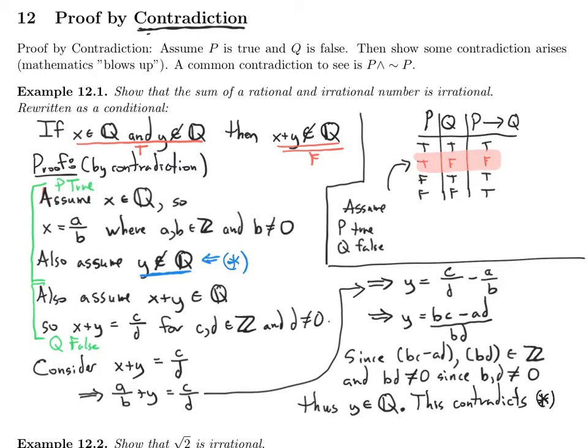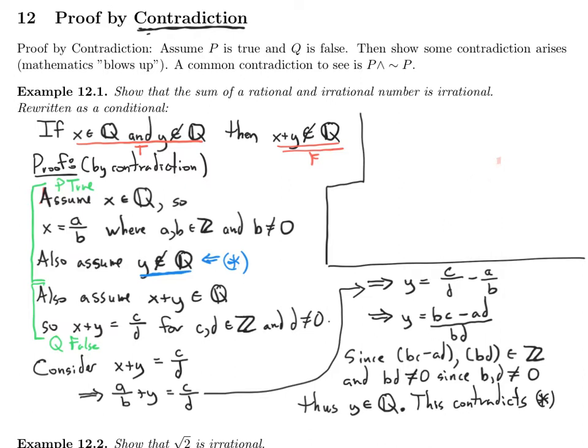So, what does that mean? Let me erase. It's getting a little messy, guys. Sorry, I'm running out of room, but that's okay. I'm just going to erase our table up here and continue the argument here. So this contradicts star.